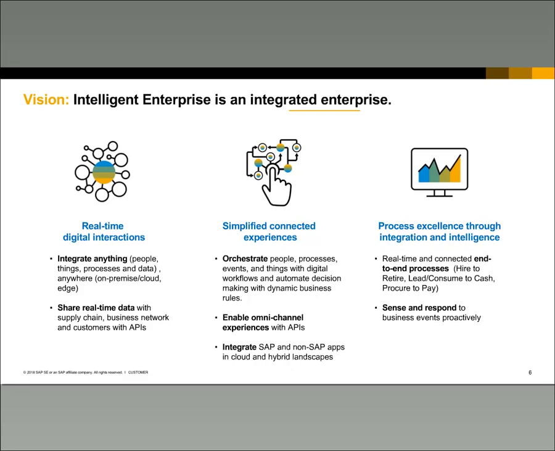We have enabled omni-channel experience through APIs, and this is something that Aarti would be talking about in a bit. And again, as we already mentioned, we are integrating SAP with SAP and non-SAP applications in the cloud, in a hybrid landscape, on-premise. So we have everything embedded inside the suite to be able to give that simplified connected experience to the customer.